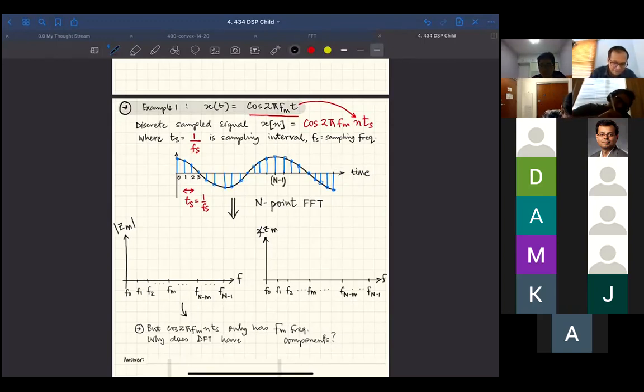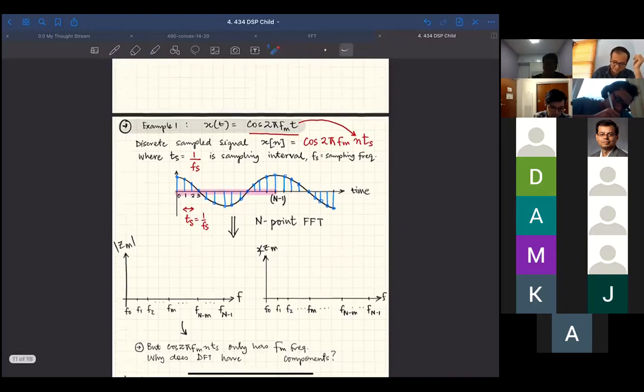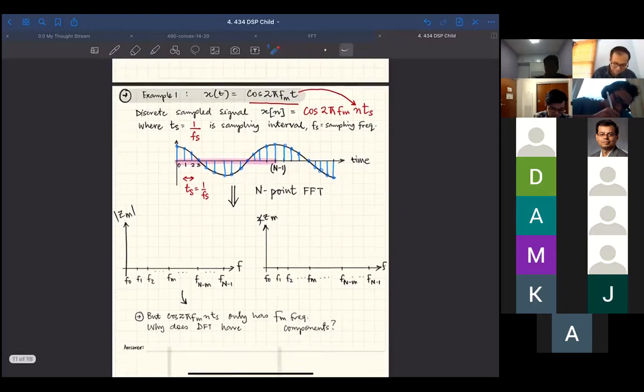You take an FFT with this window. Now we want to fill up this graph and this graph. One is the magnitude and the other is the angle. Does anyone have thoughts?